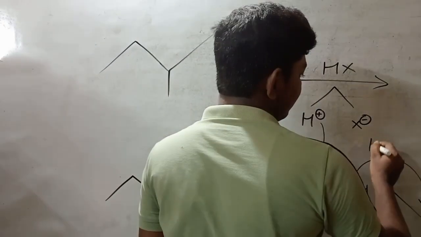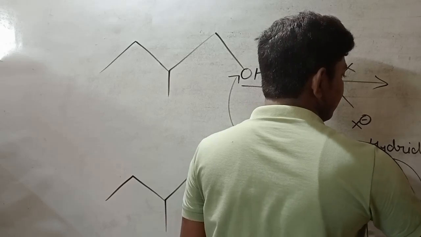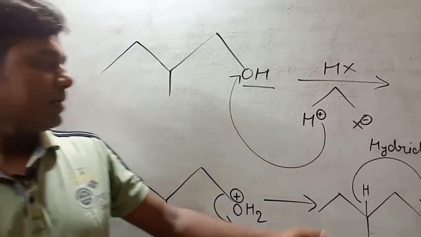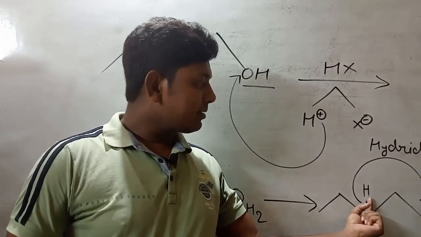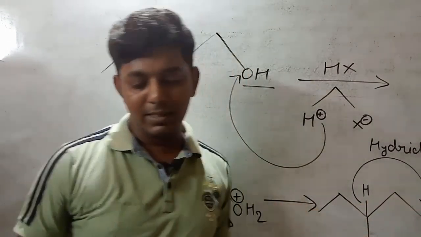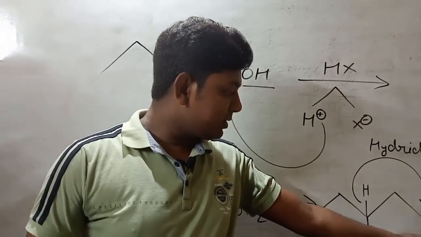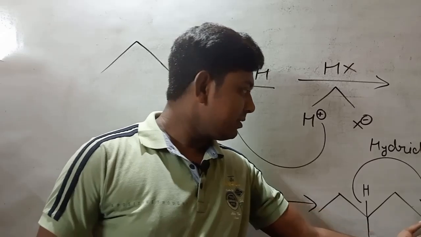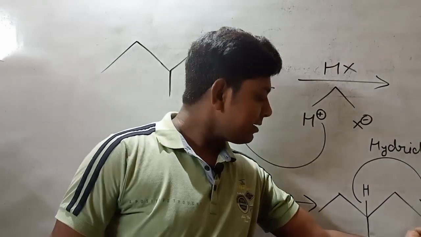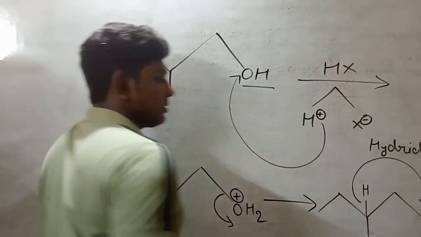So this hydrogen atom shifted to the positive charge on the carbon atom. After that, the positive charge on carbon moves, because this positive charge on the carbon is 1 degree, it moves to the 2 degree carbon atom.